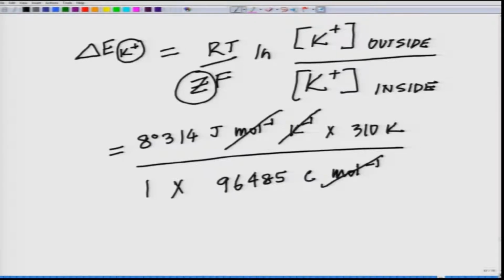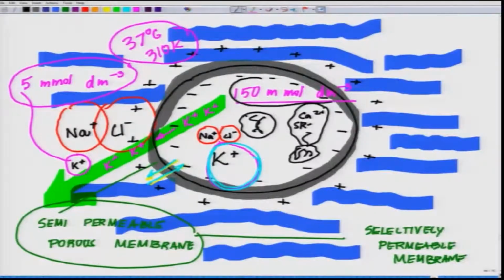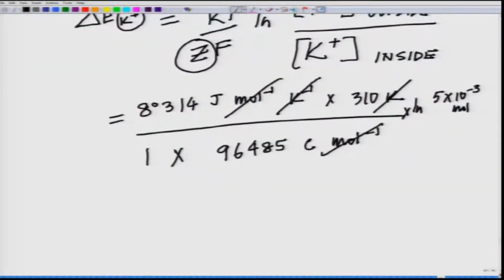This 2 gets cancelled, this one gets cancelled, multiplied by natural log of the outside value, which is 5 into 10 to the power minus 3 mole. Do not get confused, this was in millimoles, so it is converted into moles. Divided by 150, which is inside, multiplied by 10 to the power minus 3.